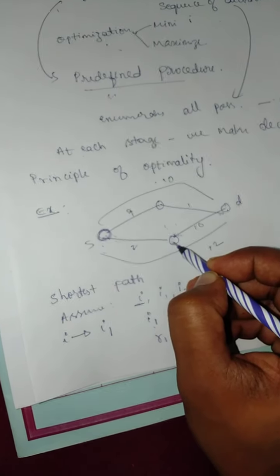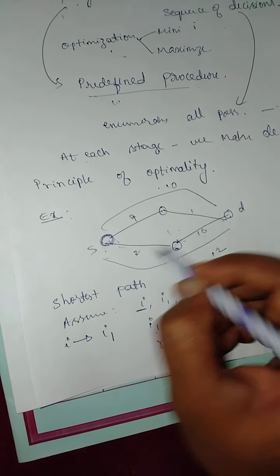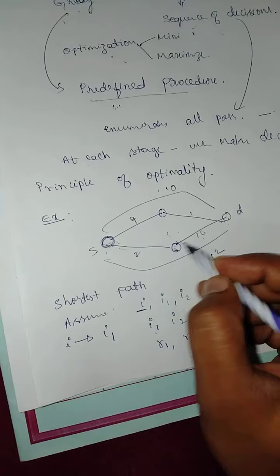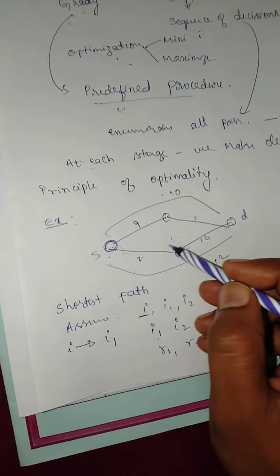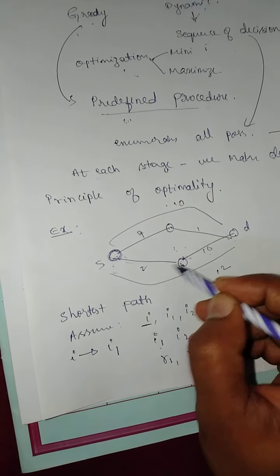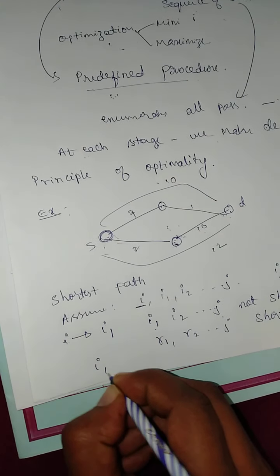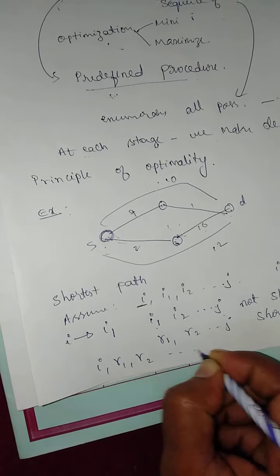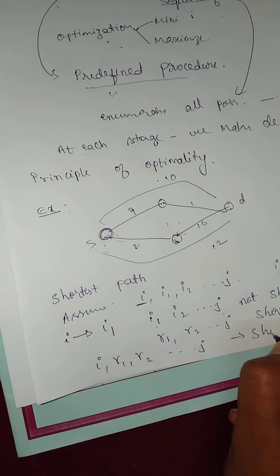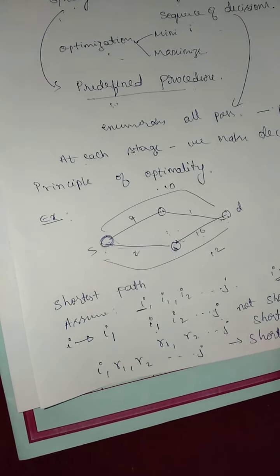We have to take a different kind of decision here according to the global optimization requirement. Therefore, in that case, R1 R2 up to j becomes the shortest path, isn't it?